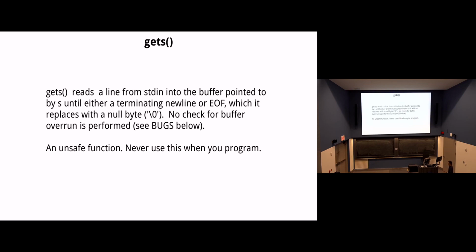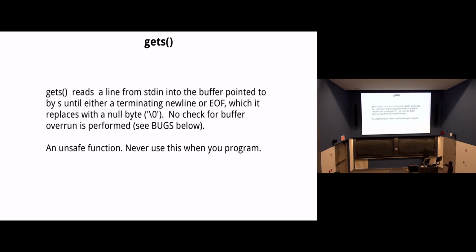So it will read a line from stdin, which in our program is just the terminal, into the buffer pointed to by the parameter. The problem is it doesn't verify how big the buffer is. It will just write things there, and the input could be much bigger than the buffer, leading to an overflow.